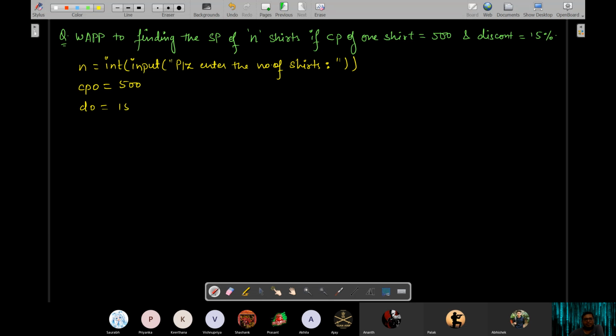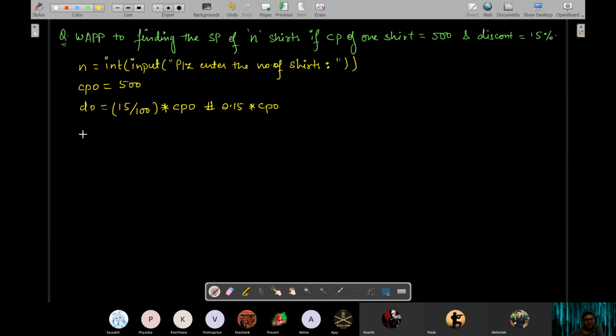तो either you write 15 by 100 multiplied by cost price of one shirt, okay, or you can also write here 0.15 by CPO. या तो ये लिखो या ये लिखो, both are acceptable.